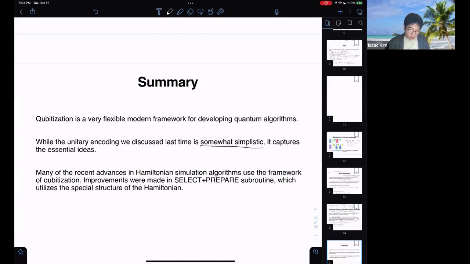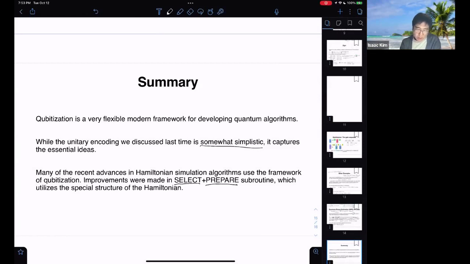And if you look at the recent literature, there's a lot of activity, but the improvements are made in a similar way, in the sense that improvements are not made in the qubitization. That part is already done. What is being done is improving the efficiencies of these select and prepare subroutines.